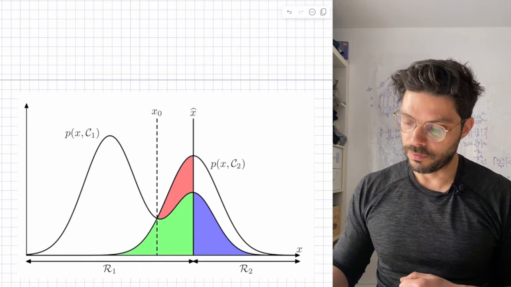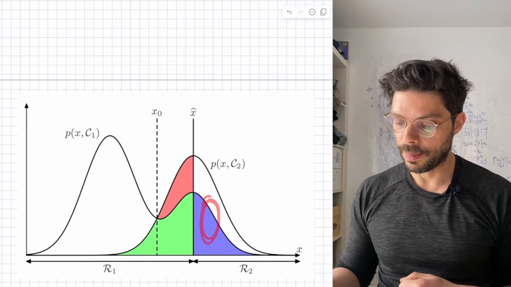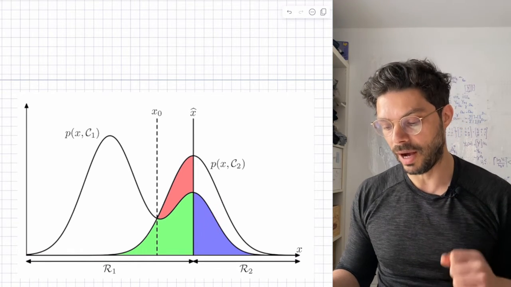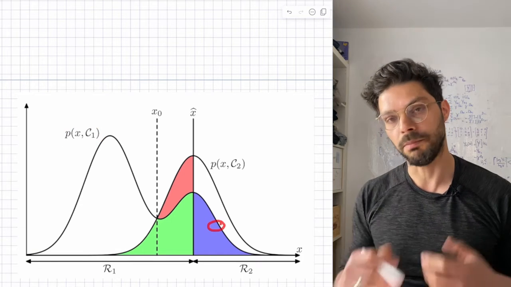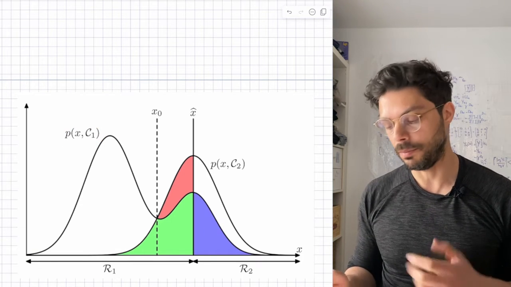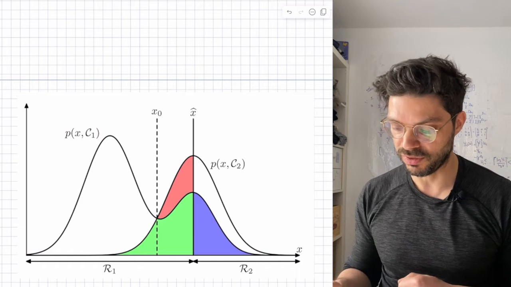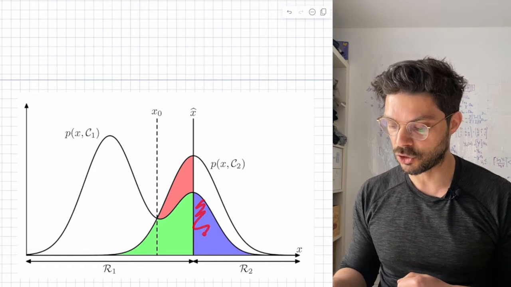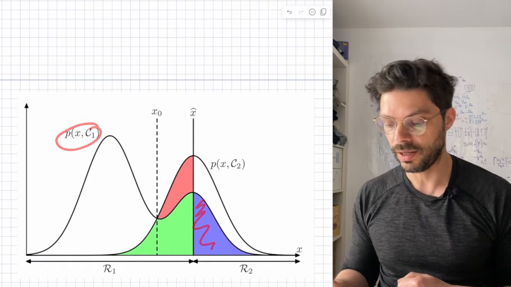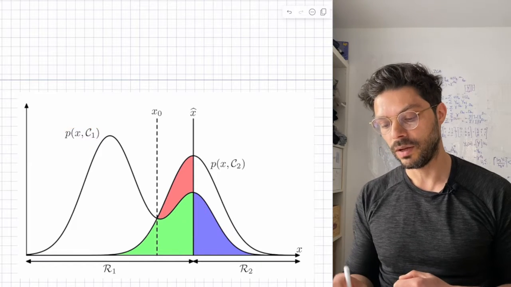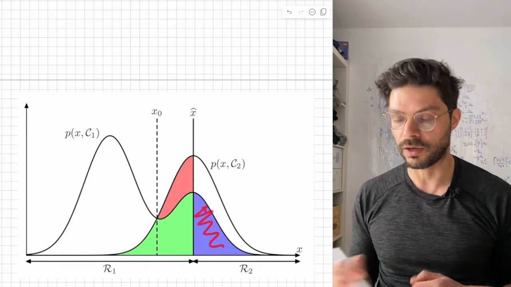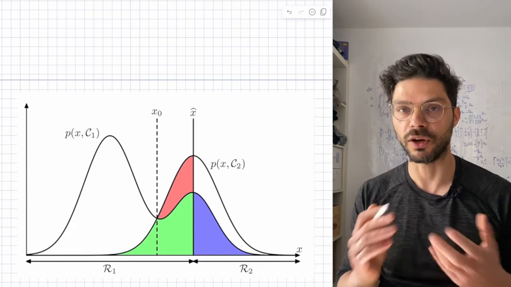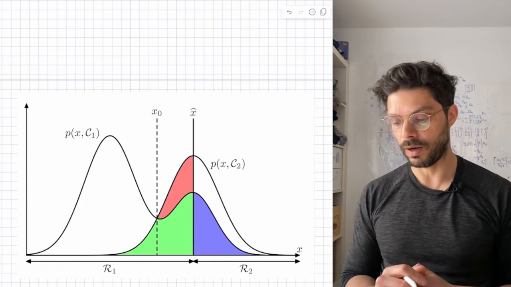First, this region here: these are the errors contributed from class 1 being misclassified and put in region 2. This is just the area of P of x, C1 that's on the other side. We want all of the class 1 points to be in region 1, but these are the ones in region 2. So that's one source of error.